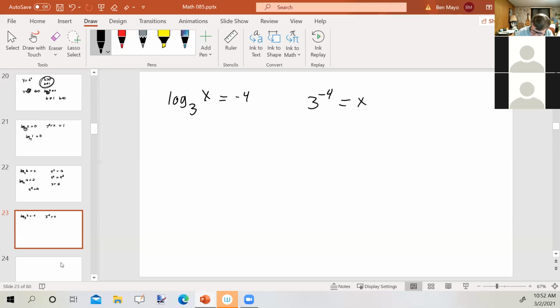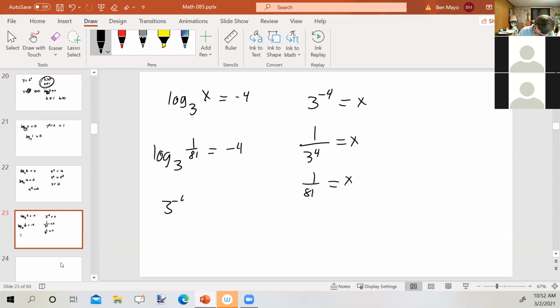But isn't 3 to the -4th power the same thing as 1 over 3 to the 4th, which is the same thing as 1 over 81? So log base 3 of 1 over 81 equals -4, because 3 to the -4 power equals 1 over 81. But the answer to our question would be 1 over 81.